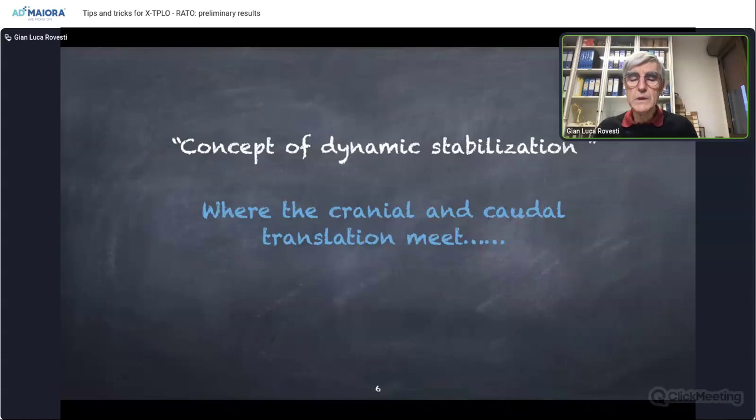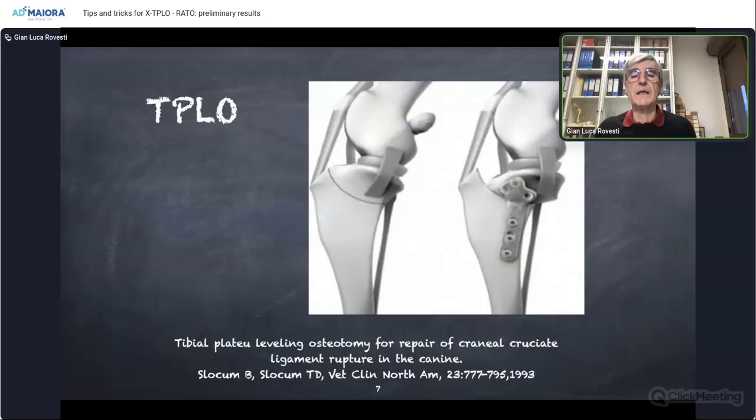Okay, so if we look at the change that the TPLO technique will determine on the stifle anatomy, we won't get into all the theoretical explanation of the neutralization of the tibial thrust, but just look at this change.